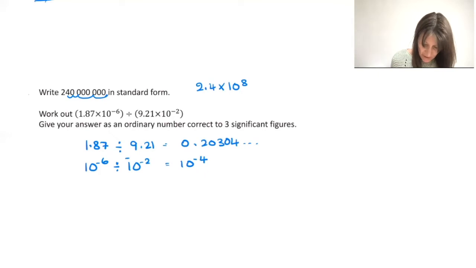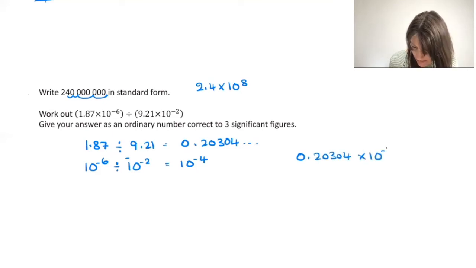So what we've got at this stage is something that looks like this, times 10 to the minus 4. Now that's not correct in standard form. However, we're not writing it in standard form, and we don't really need to worry too much about that because we are just trying to write an ordinary number anyway. So the decimal point is here.